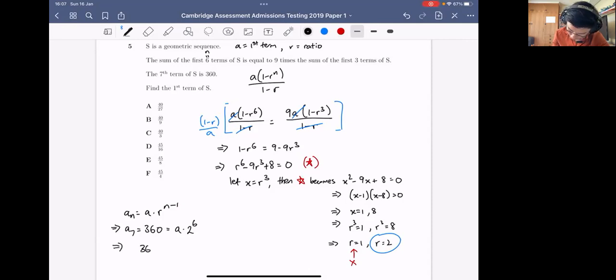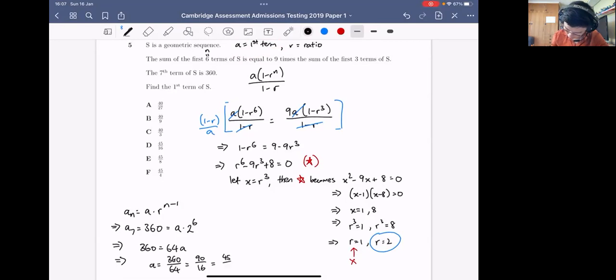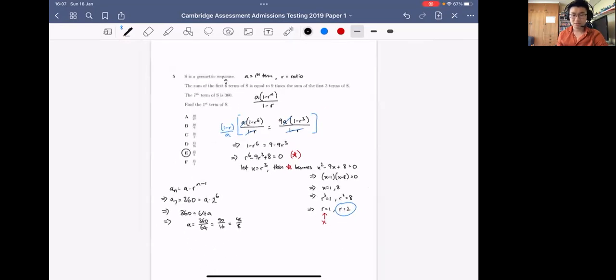But then that means 360 is equal to 64a, which means a, which we know is the first term, is 360 on 64, and it simplifies down to, if I divide by 4, if I divide by 2, aha, so the answer should be E. Okay, that was a tough one.